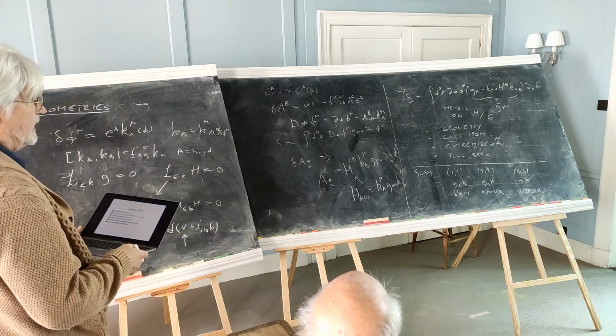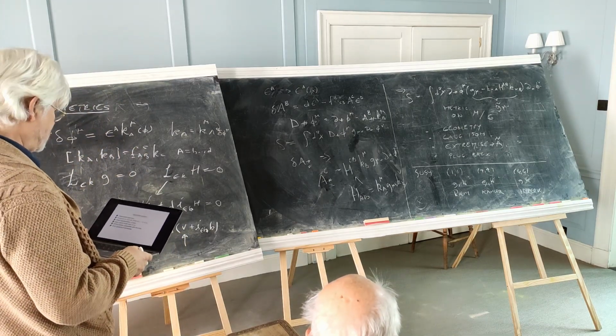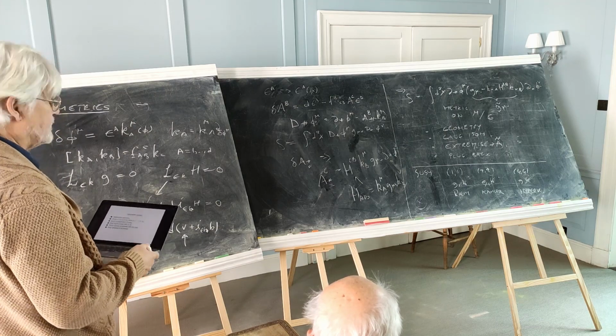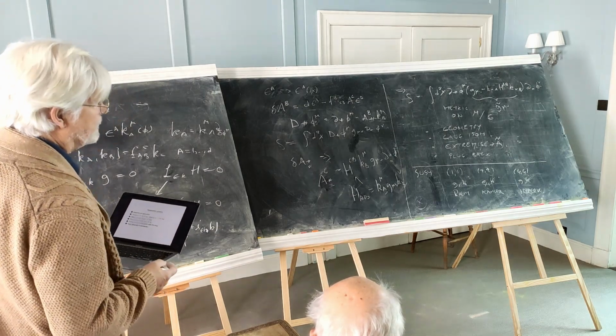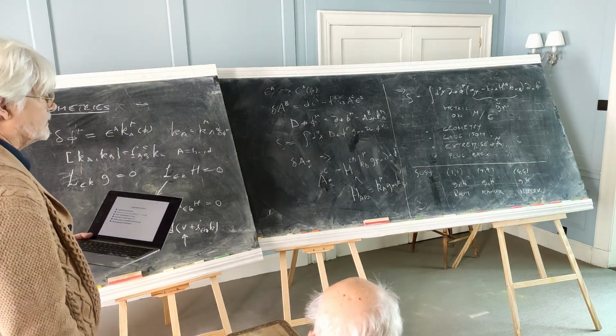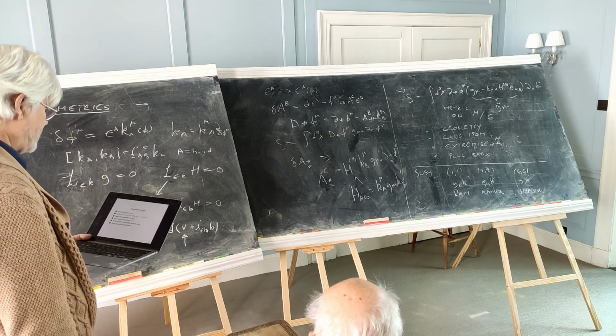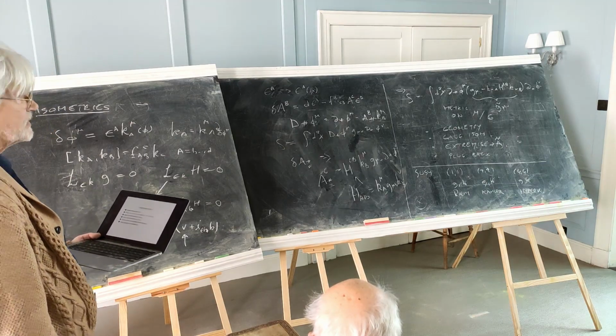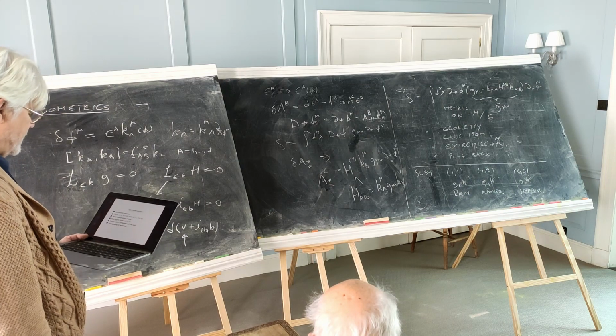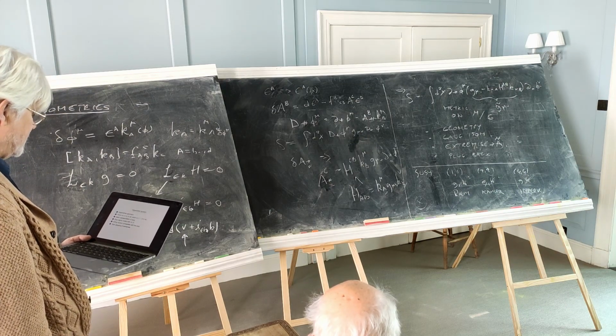So the Hyperkähler quotient then, which we're aiming for, is we start with a Hyperkähler manifold of a simple kind, and we look at the 4-4 supersymmetric sigma model with that target space geometry.